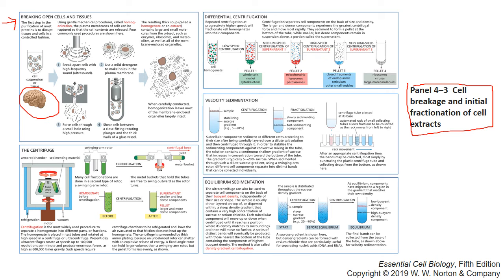And then oftentimes we'll utilize differential centrifugation to spin the sample at different speeds. And when we do that, we see that the organelles, as well as the macromolecules and the proteins, anything we're interested in, will start separating in different layers or segments, mostly based on quantity and overall size or mass.